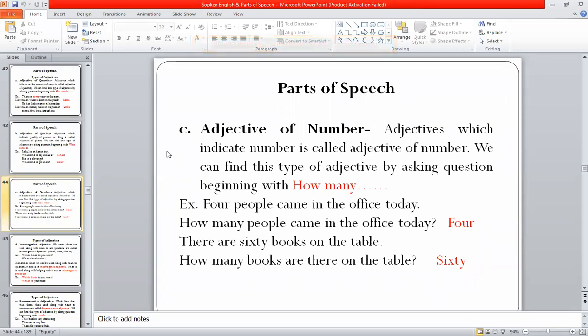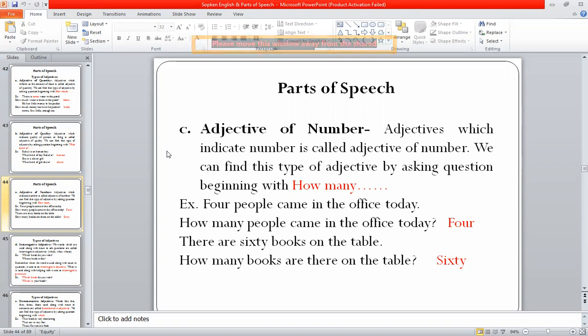Adjectives which indicate number are called adjectives of number. So adjective of number is the adjective which indicates number, and that is why it is called adjective of number. We can find this type of adjective by asking a question beginning with how many.